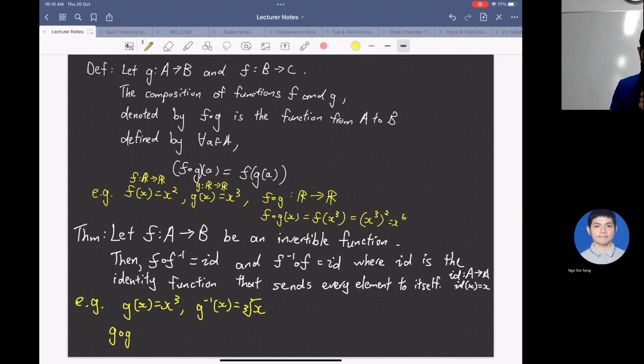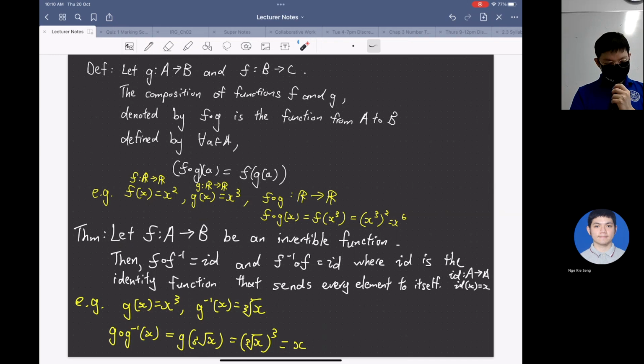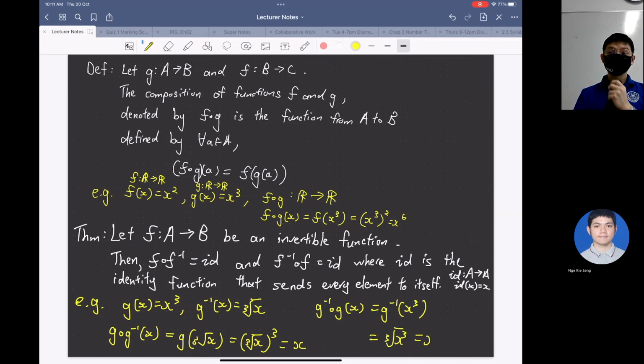If we do g of g inverse, we get g on the cube root of x, and then cubing the cube root of x, which is x. So it is a function that sends x to itself, so it's the identity function. Similarly, you can check g inverse of g. What you get is g inverse of x cubed, the cube root of x cubed, which is x. So both ways the identity function.